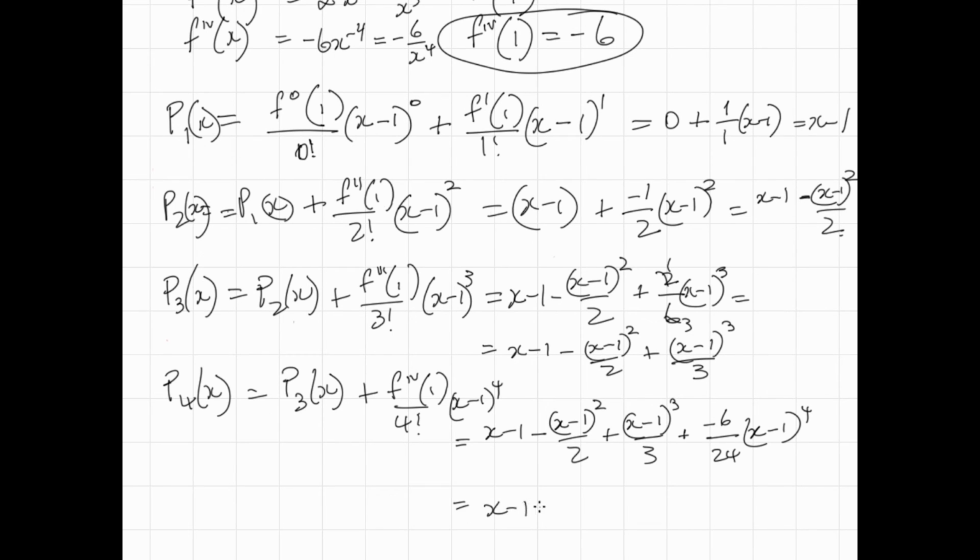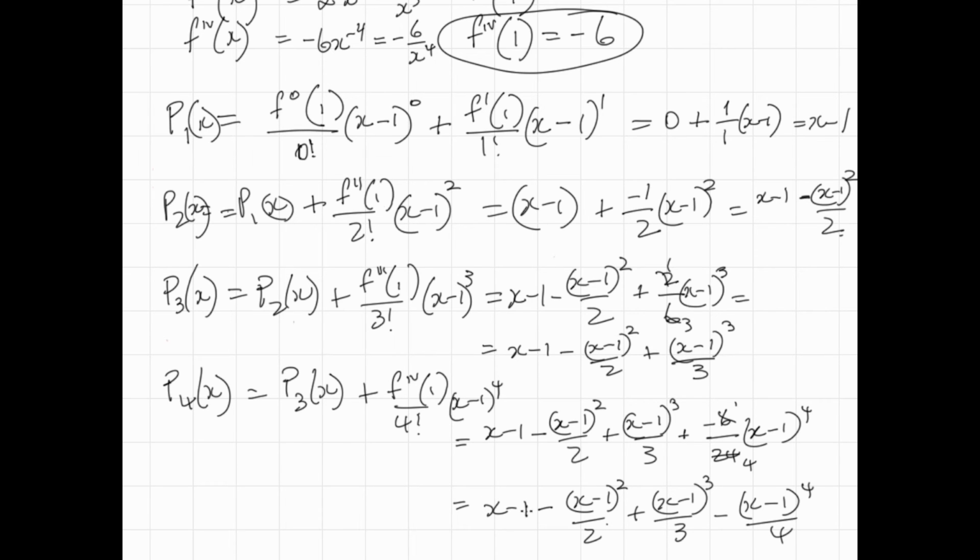That equals x minus 1 minus x minus 1 squared over 2 plus x minus 1 cubed over 3. Now that will cancel down, there'll be a minus coming out the front, 6 and 24 goes 4, so that minus will make that plus into a negative, x minus 1 to the power of 4 over 4, and you can see a nice pattern starting to happen here.